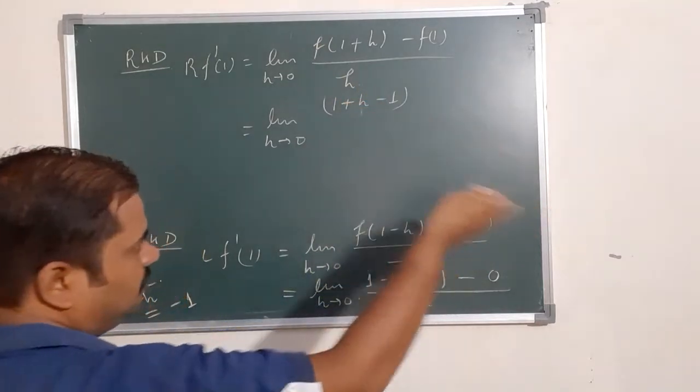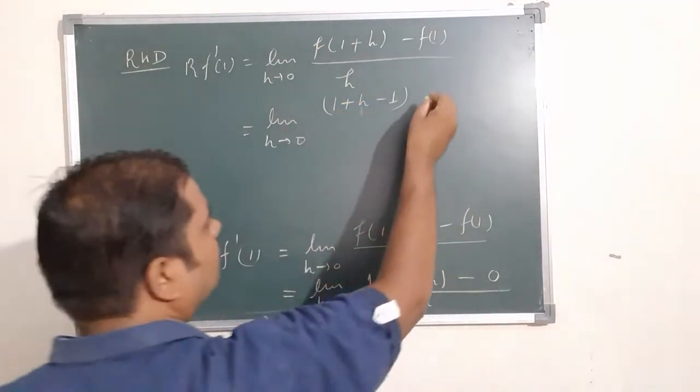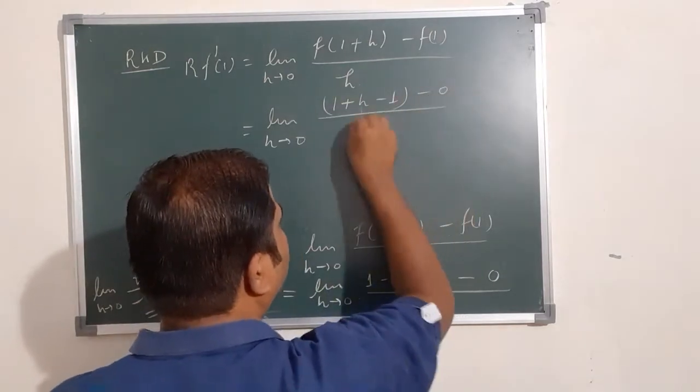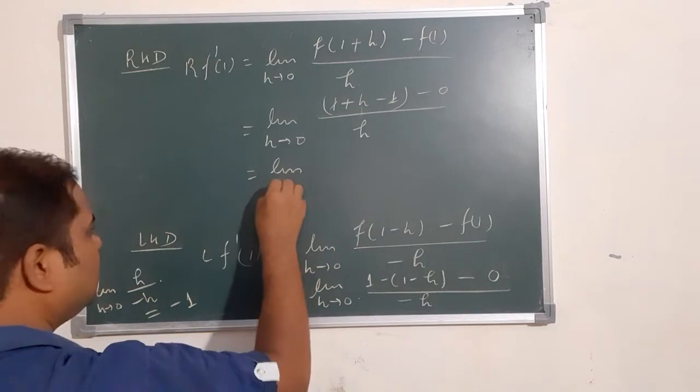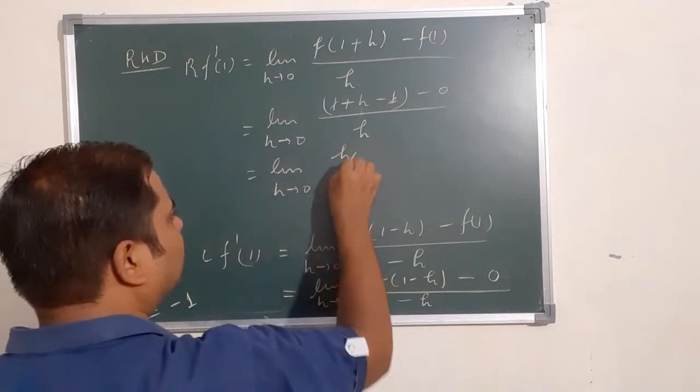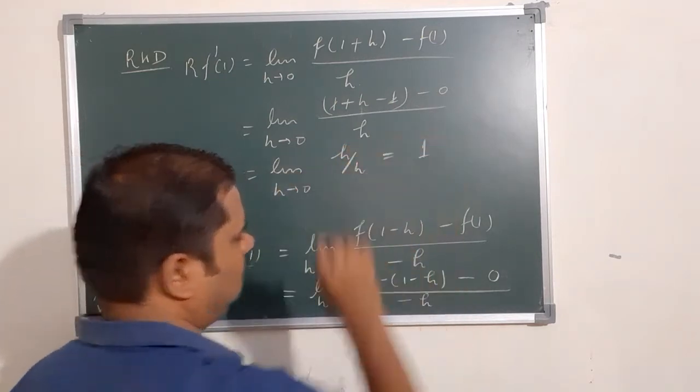From the definition of the function, f(1) is 0, divided by h, and this cancels out, so this becomes limit h tends to 0 of h upon h, which is 1.